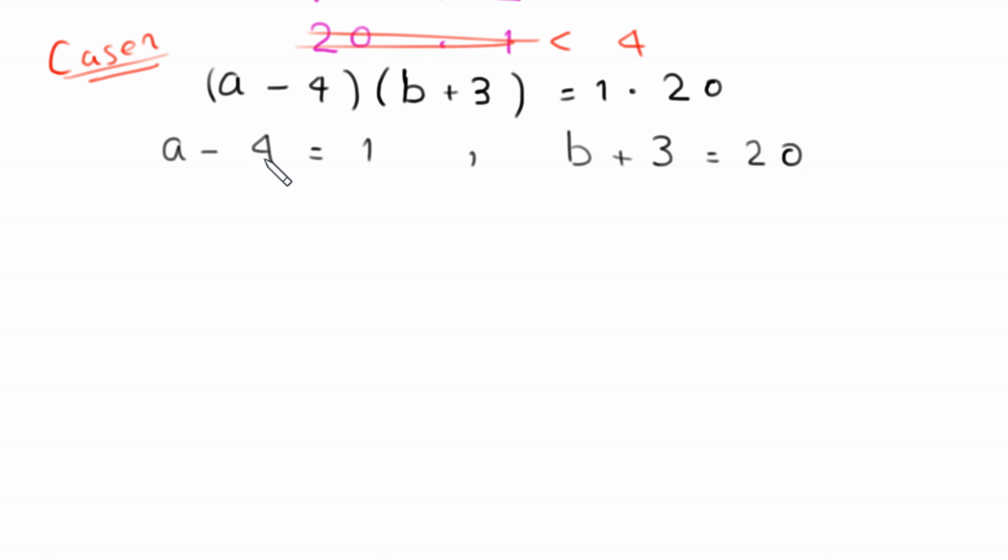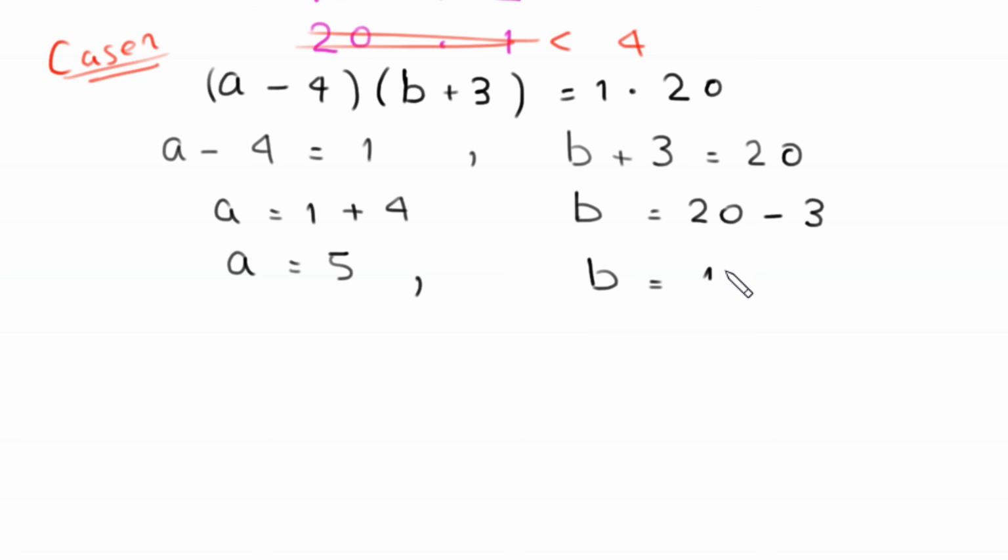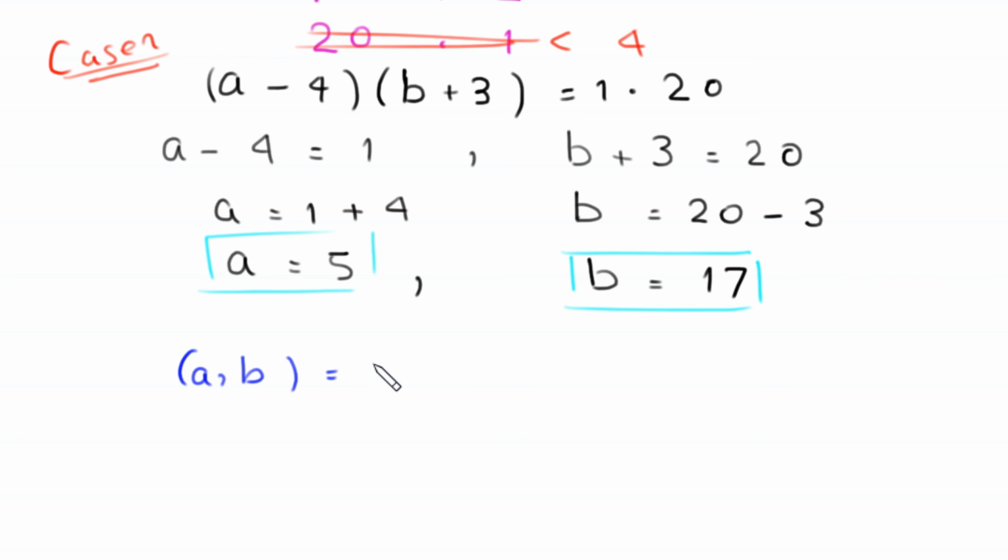From this equation, move negative 4 to the right hand side. This will become a is equal to 1 plus 4, and we get the value of a equal to 5. And from this equation, move this 3 to the right hand side. This will become b equal to 20 minus 3, and we get the value of b equal to 17. So from this case we get a equal to 5 and b equal to 17. So the first pair for a comma b will be 5 comma 17.